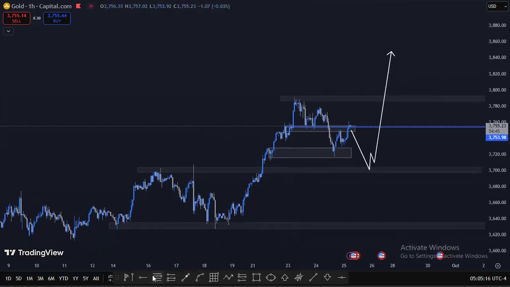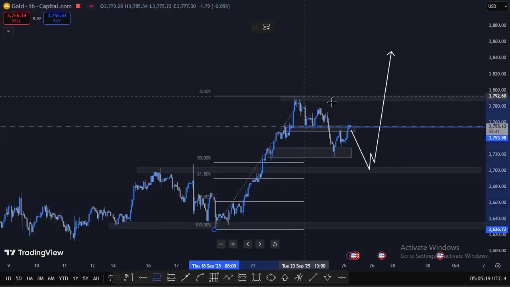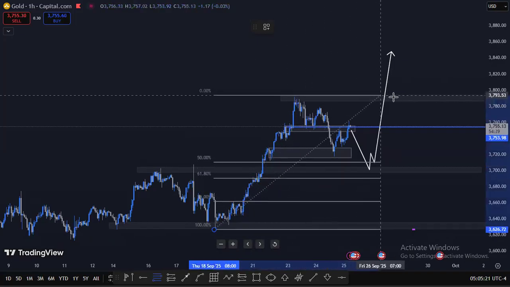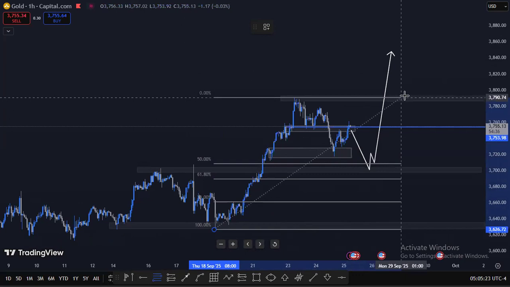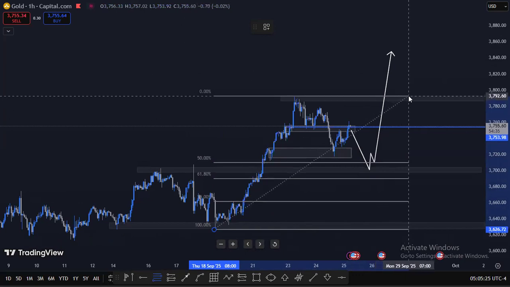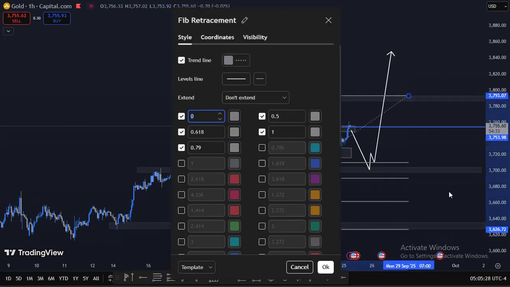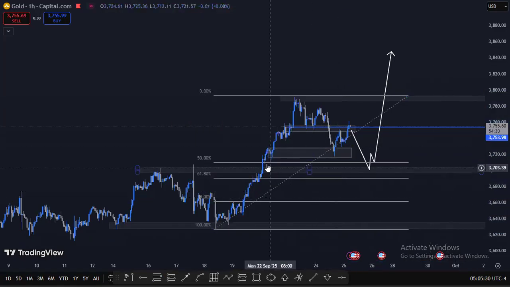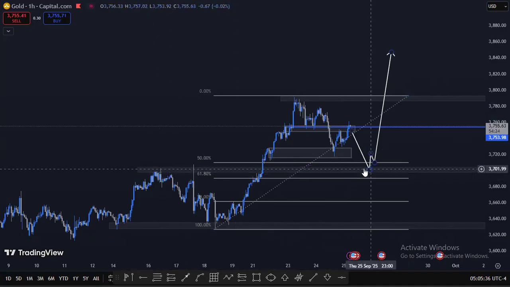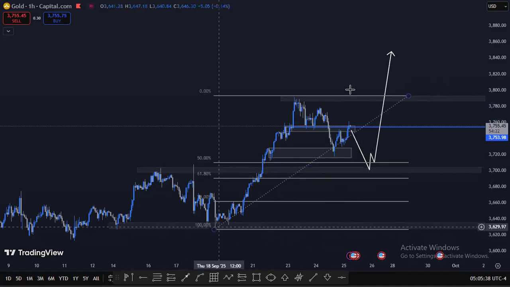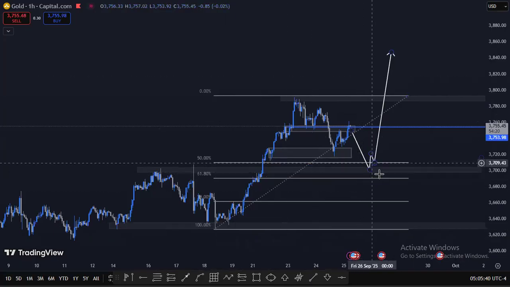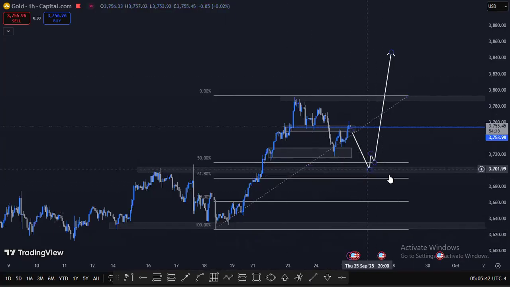Also, you can use your Fibonacci, grab it from your swing low to your swing high. Notice that the golden zone here aligns with this resistance level. So this is double confirmation that price will actually reverse when it comes down to this level right here.